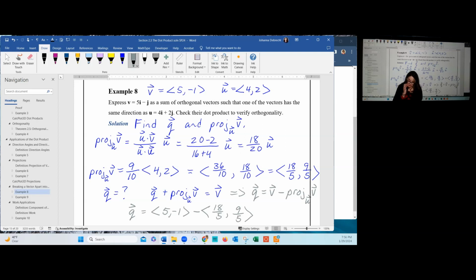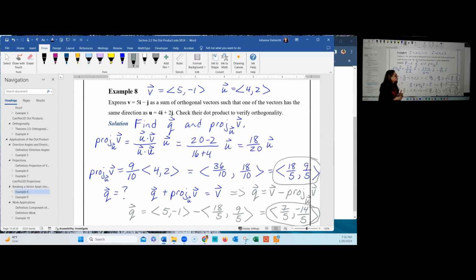And I would have to have a common denominator. So 5 with denominator 5 would be 25/5. So that would give me 7/5. And -1 would be -5/5. So -5 minus 9 would be -14/5. And there are my two vectors. There's the projection, and there's Q.